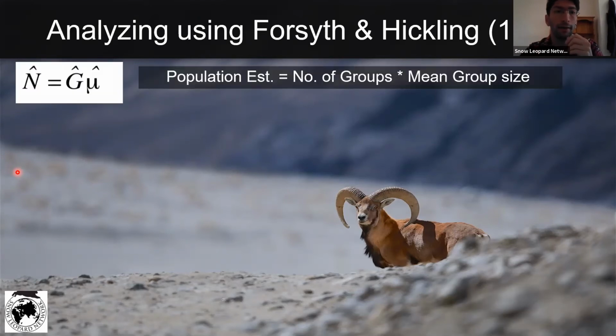Essentially, what Fawcett and Hickling write, and this is a pretty obvious thing, is N hat, or in other words, the population estimate that you want for a population, equals G hat times mu hat, which is basically the number of groups in that population multiplied by the mean group size. So it's nothing out of the blue here, right? It makes sense, just pure arithmetically.